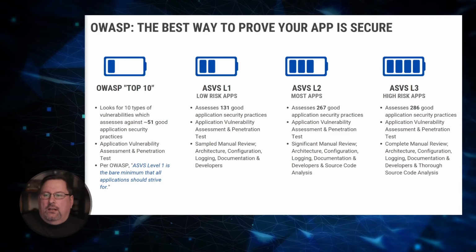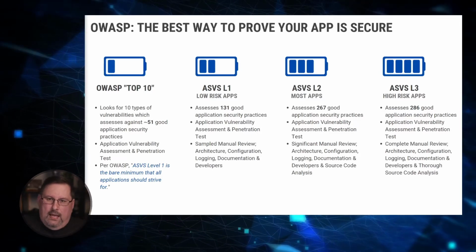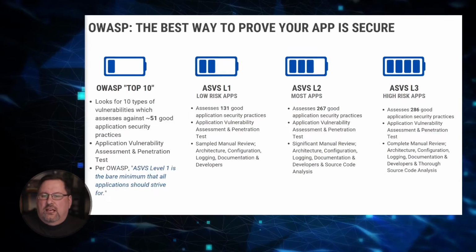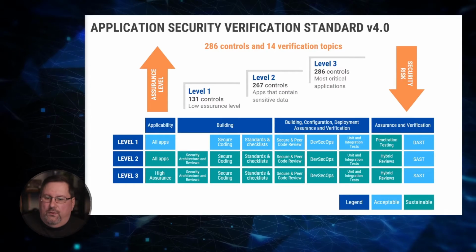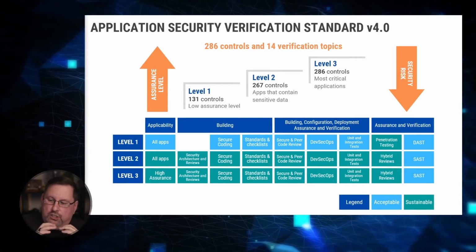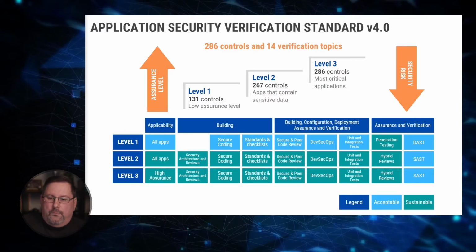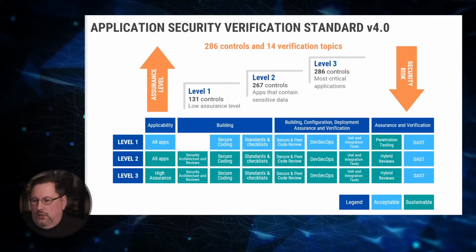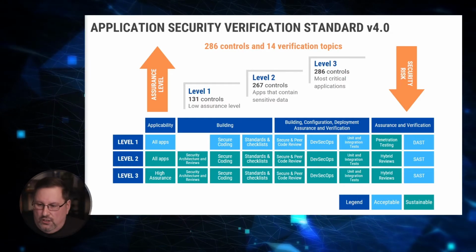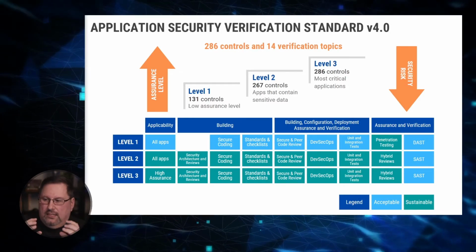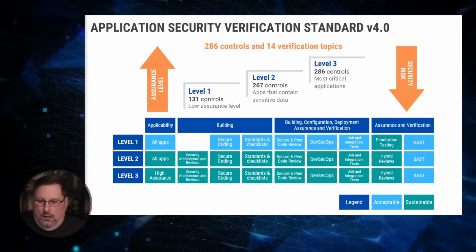I think a better way to look at this, though, would be to put aside the OWASP Top 10 and just look at the ASVS levels themselves. And when we think about it from the applicability, all apps really should be at L1. At level 1, we start looking at the building level area, the configuration, deployment, assurance, and verification tactics, and any assurance and verification that is done on all the output.